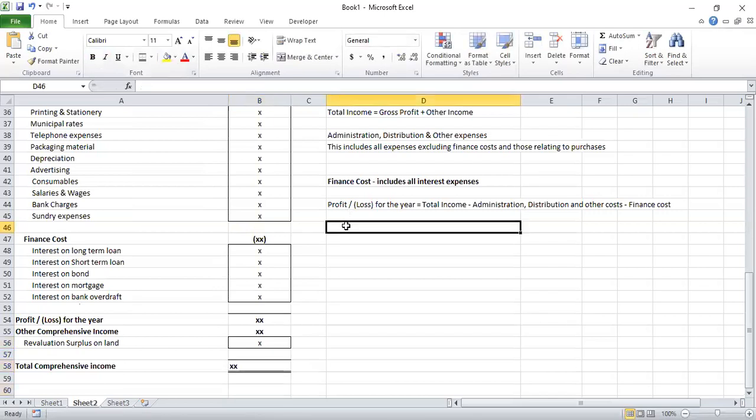Our total comprehensive income would be equal to profit or loss for the year plus other comprehensive income.